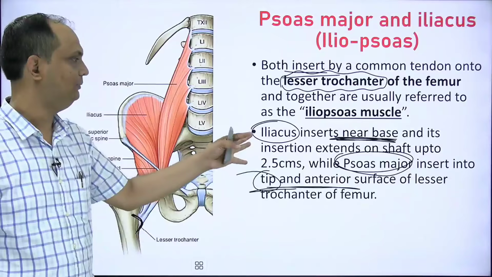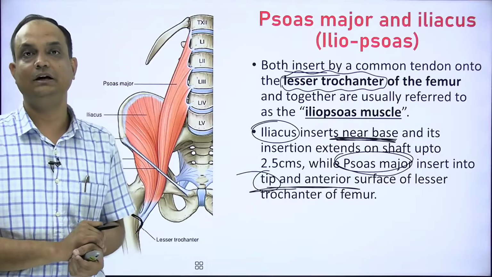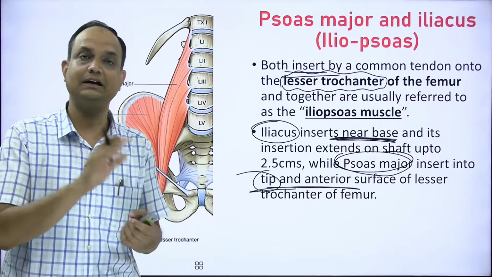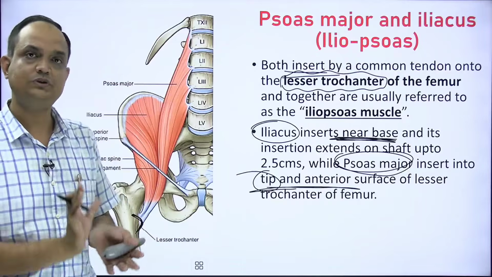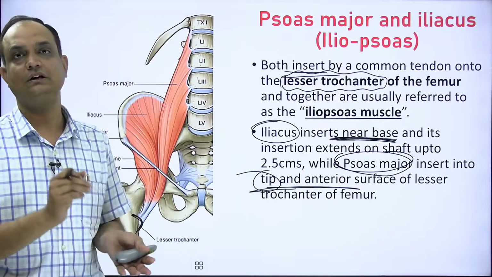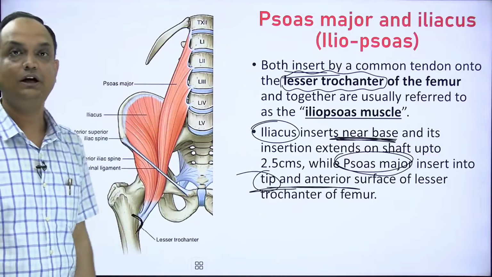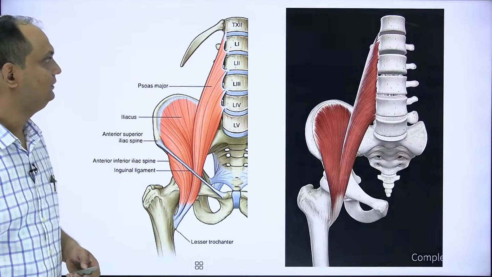This is a very commonly asked question in multiple choice exams. So keep in mind that the iliacus tendon attaches on the posterior aspect of the lesser trochanter, while the psoas major attaches on the tip of your lesser trochanter.